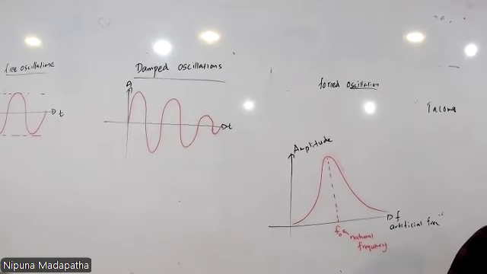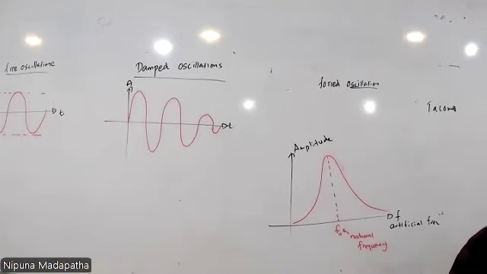Example of free oscillation: a simple pendulum swinging in a perfect vacuum.